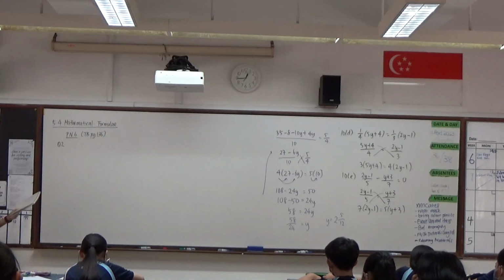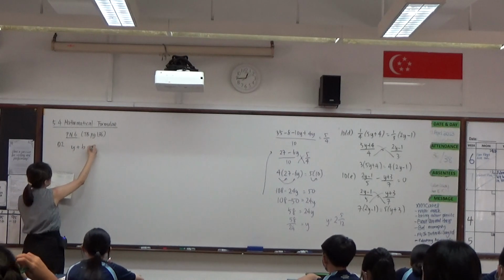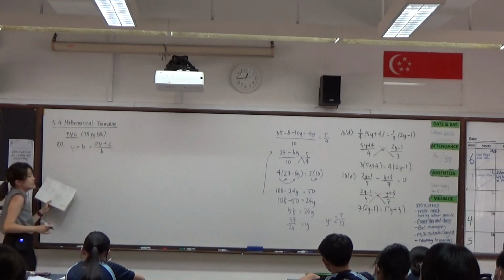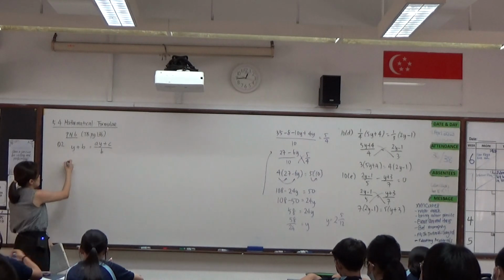Looking at question 2, we have y plus b equals (ay plus c) over b. This is a formula that has been given to you in the question.